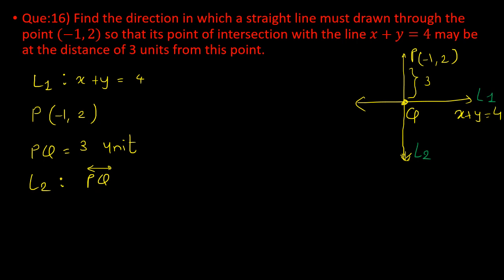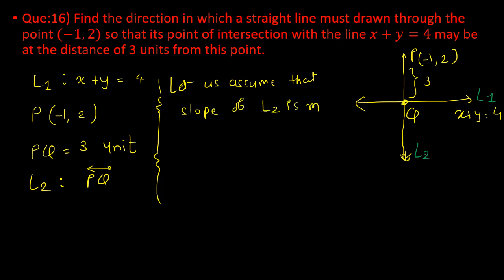So let us assume that the slope of L2 is m. Then the equation of L2, according to the slope point formula, y minus y1 is equal to m into x minus x1.